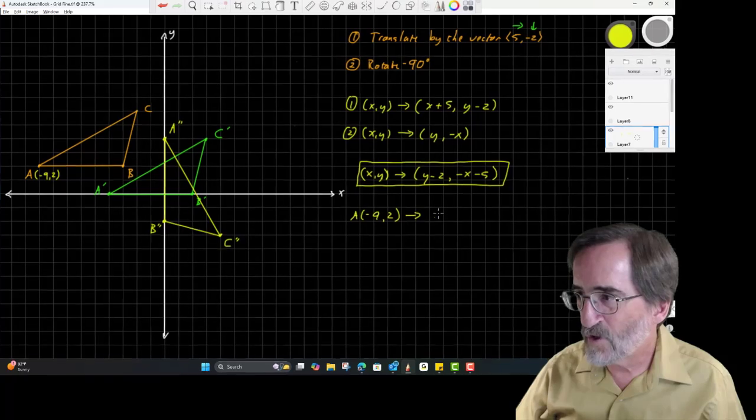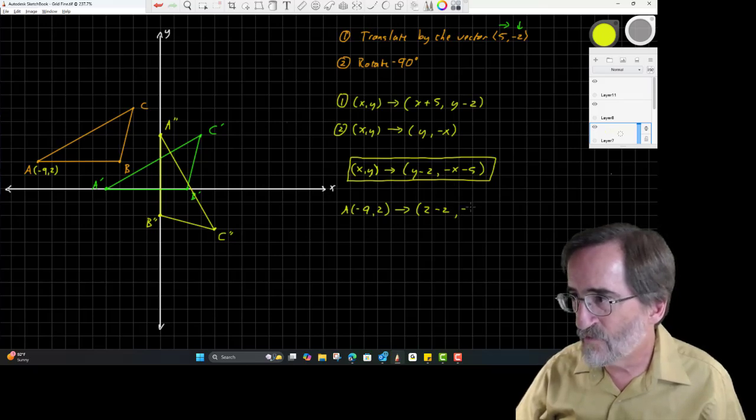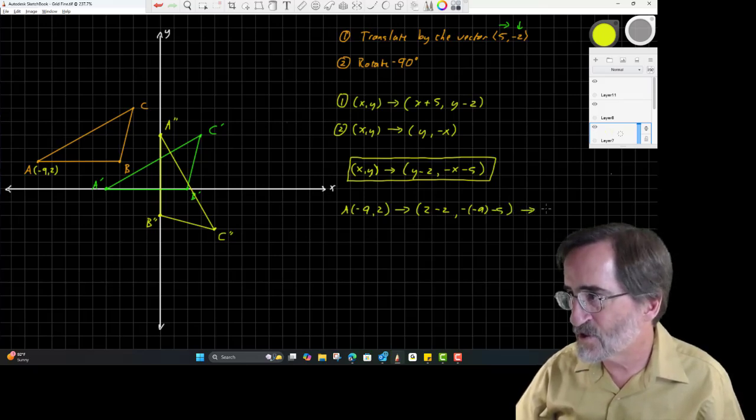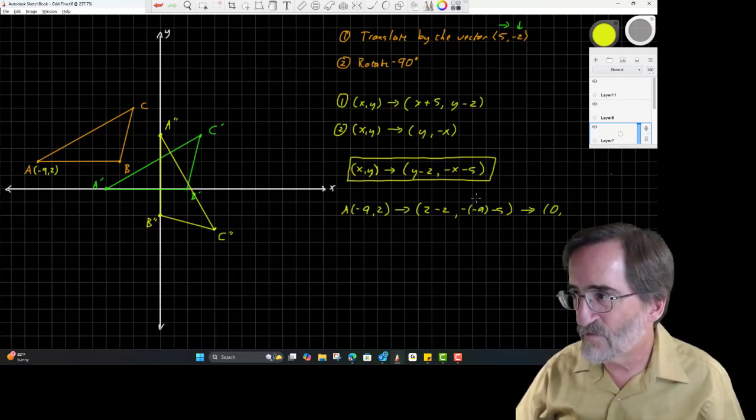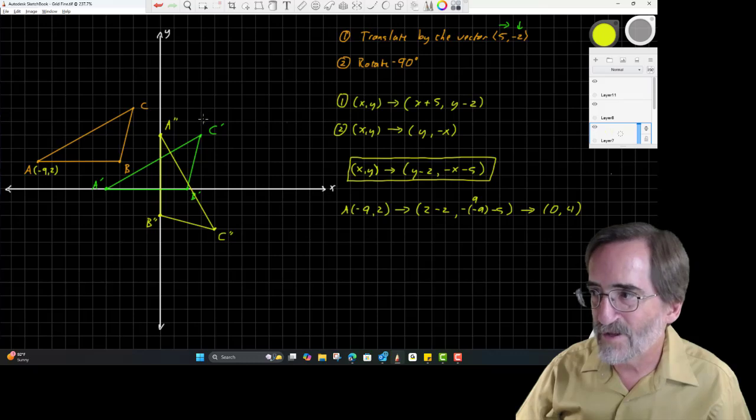I'm going to apply the rule y minus 2, so that's 2 minus 2, because y is 2. And I'm going to apply the rule negative x minus 5, negative 9 minus 5. Let's simplify. 2 minus 2 is 0. Negative of negative 9 is positive 9. Positive 9 minus 5 is 4. So we get A double prime at (0, 4).